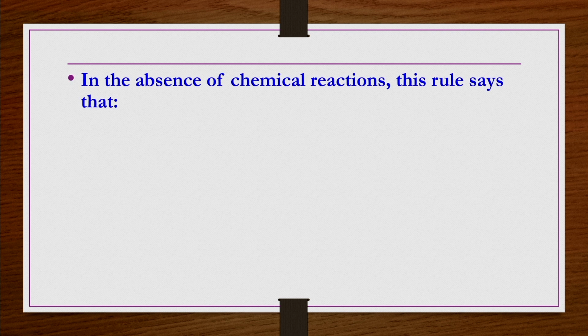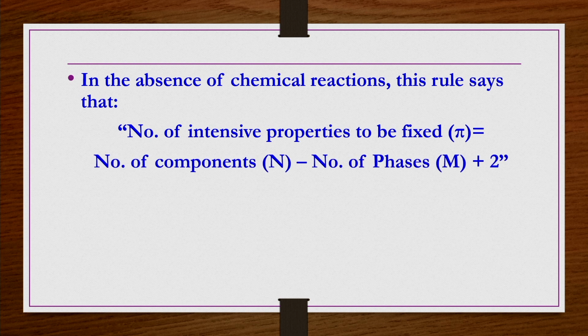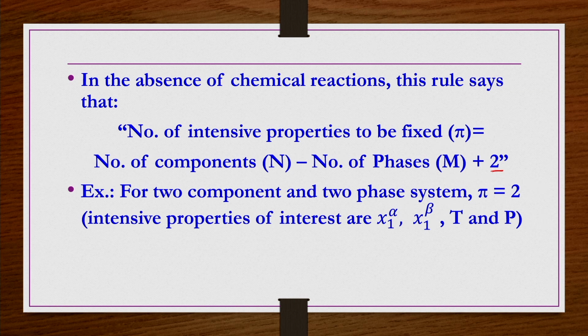What it says is, in the absence of chemical reactions, the number of intensive properties to be fixed should be equal to the number of components minus the number of phases plus 2, and this 2 stands for temperature and pressure. So, let us say, for example, a 2 component 2 phase system.